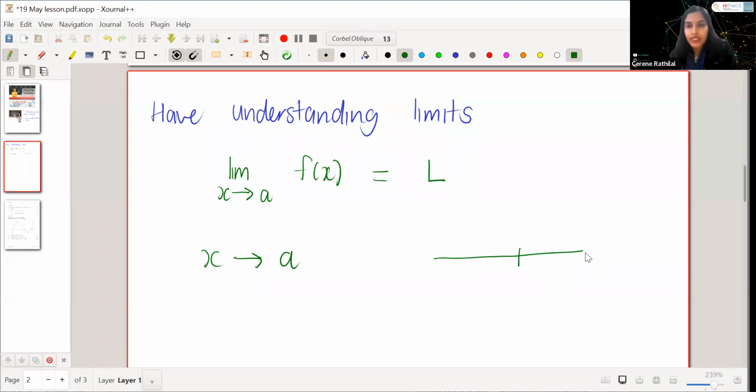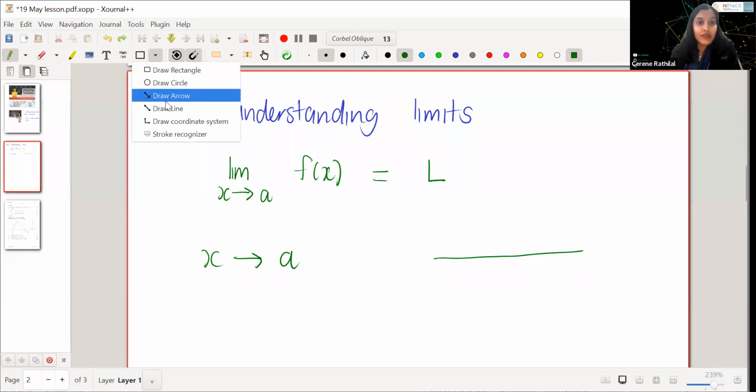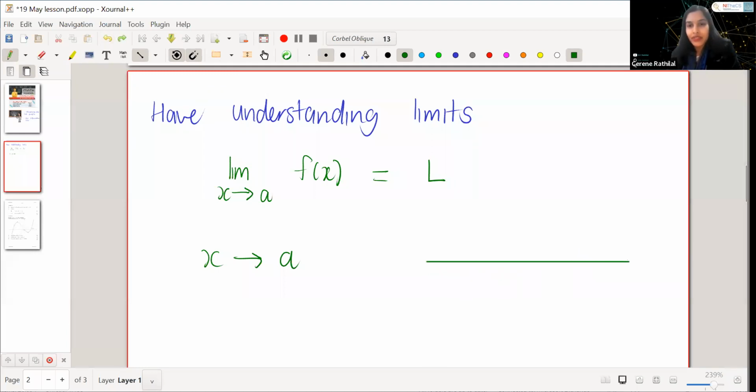So if this was, for example, the x-axis, let's draw this in a much prettier way. Let's try and get it straight. If this is the x-axis, and here is my number a on it, then the idea is that we want the value of x to get closer and closer to a itself. So it approaches from the values to the left of a as well as from the values to the right of a.